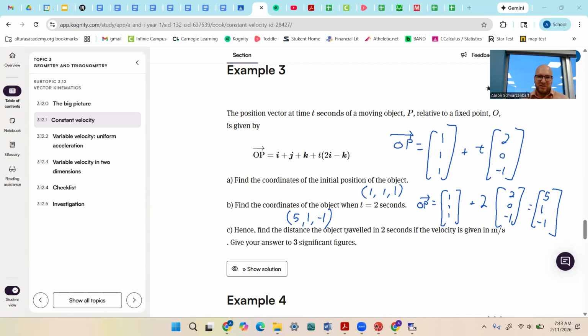Hence, find the distance traveled by the object in 2 seconds if the velocity is given in meters per second. So if velocity is in meters per second, it's going to be meters. The distance traveled is going to be the difference between the vectors, so I'm going to subtract.